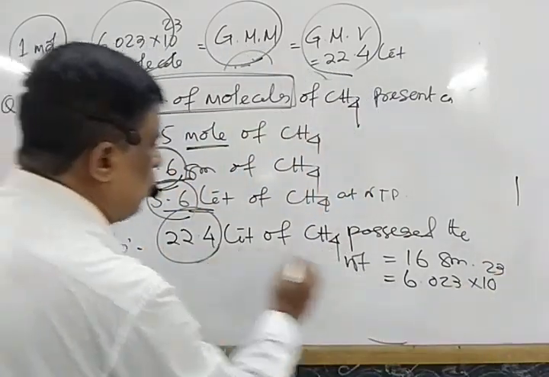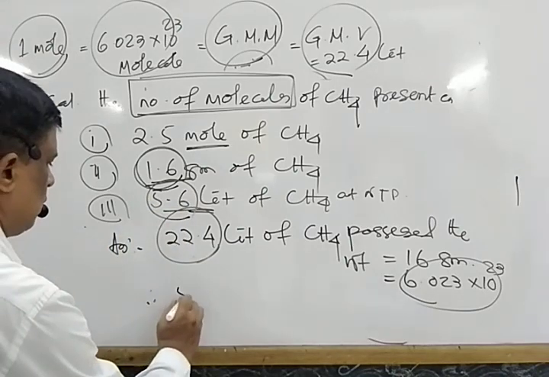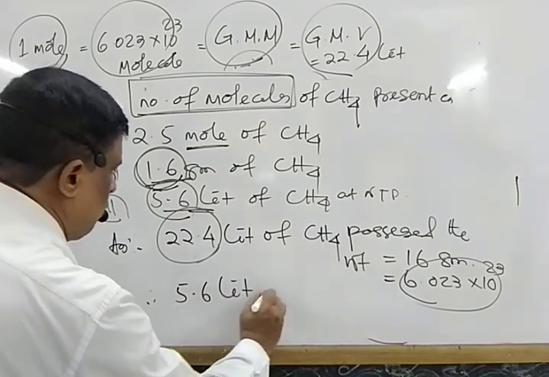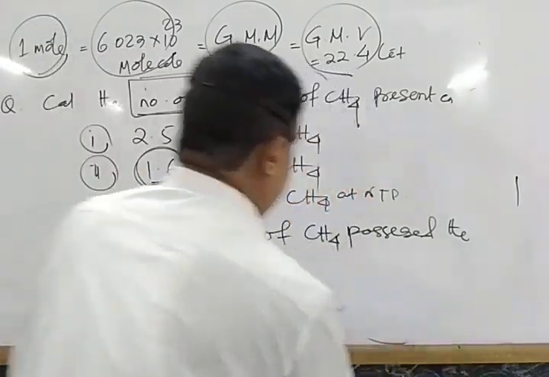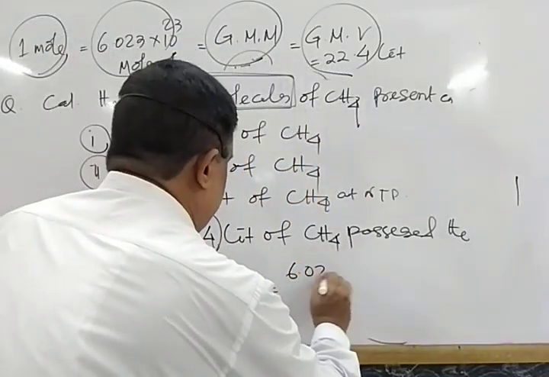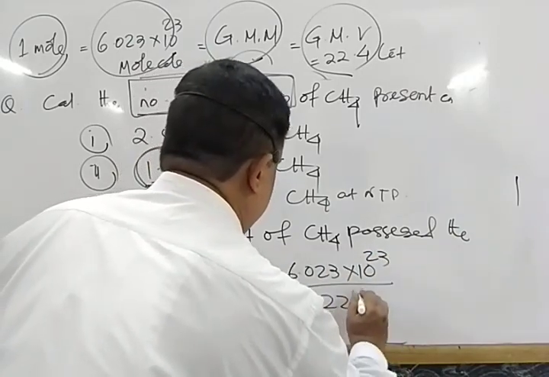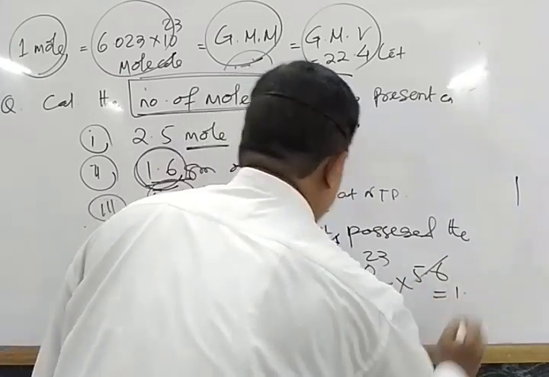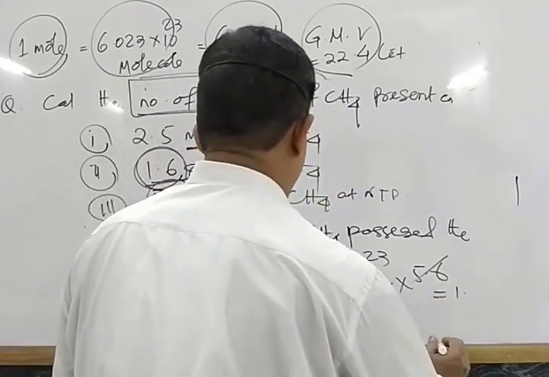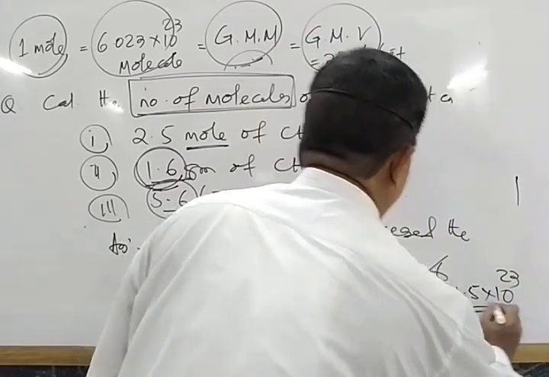So if 22.4 liter has this much number of molecules, then for 5.6 liter the number of molecules is equivalent to 6.023 into 10 to the power 23 divided by 22.4 into 5.6, that is 1.5 into 10 to the power 23 number of molecules.